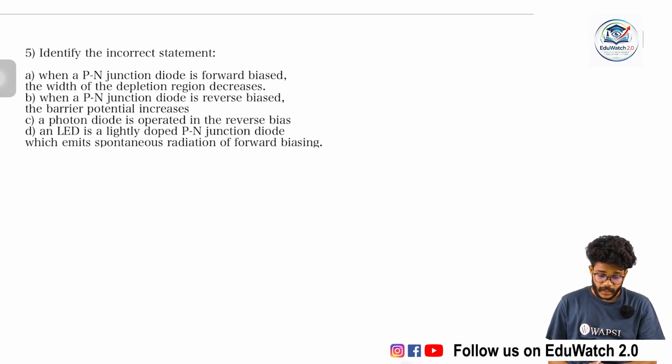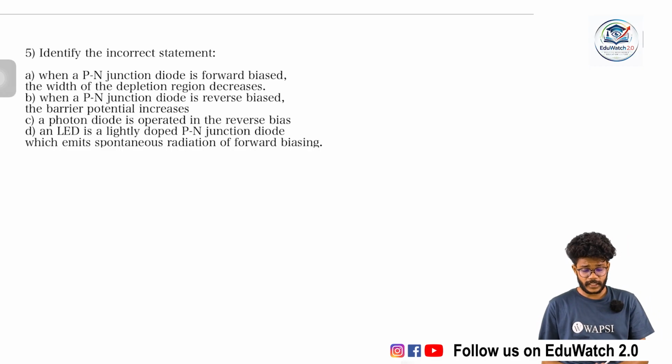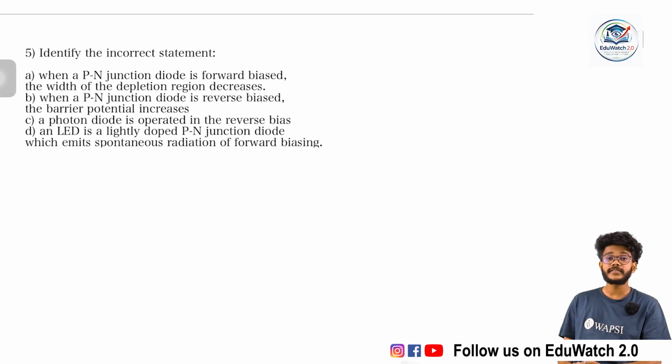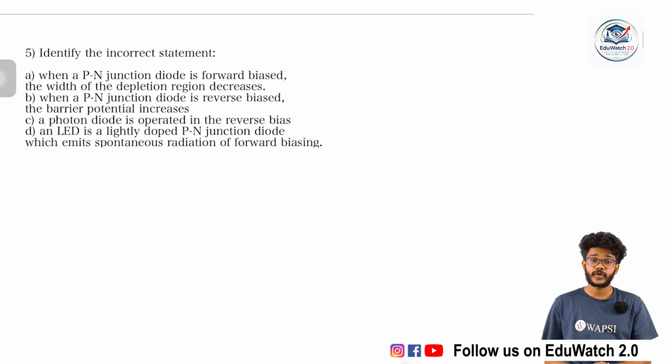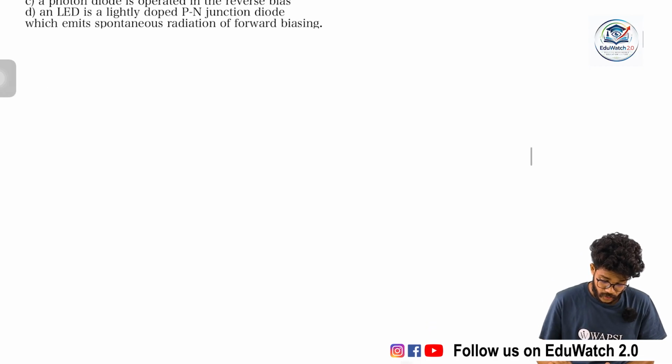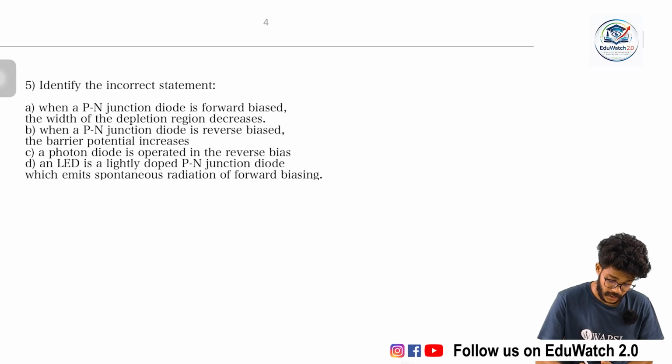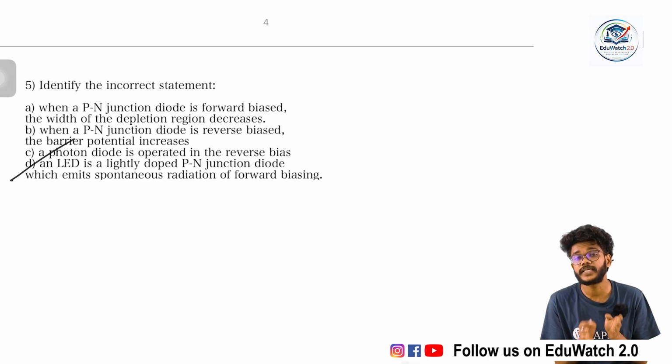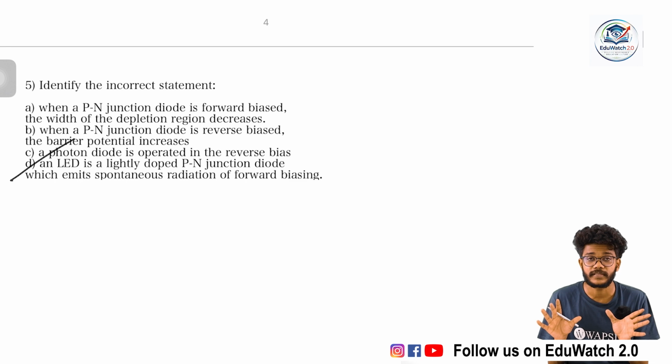And the fourth option: an LED is lightly doped. Who said that? LED is highly doped. Okay, light emitting diode, it's a combination of PN junction. Okay, so option D is the incorrect statement.